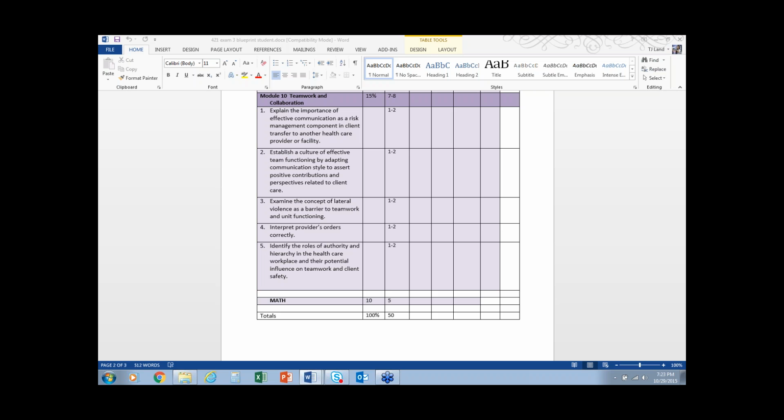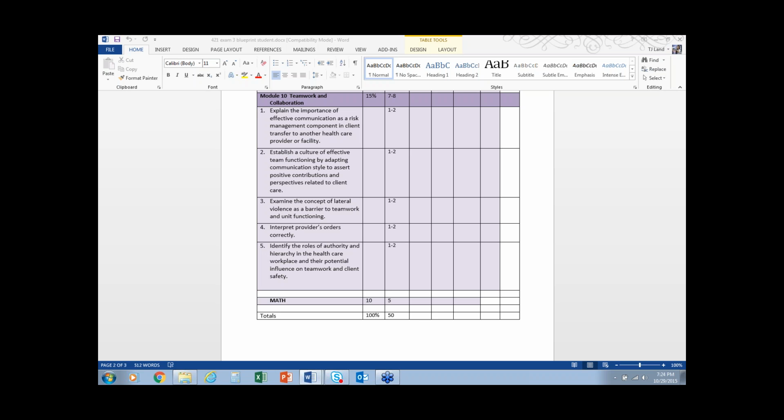Well, utilizing the passive and the aggressive communicator styles, that alone can show lateral violence, especially when the aggressive communicator does not allow someone else to have a say or make any comments or participate in any decision making, or if they go, okay, you need to be quiet and sit down, I'm going to take care of this.